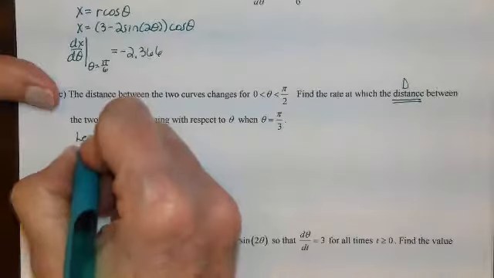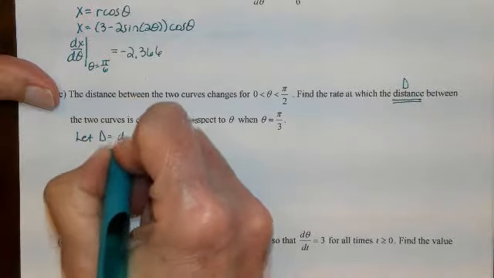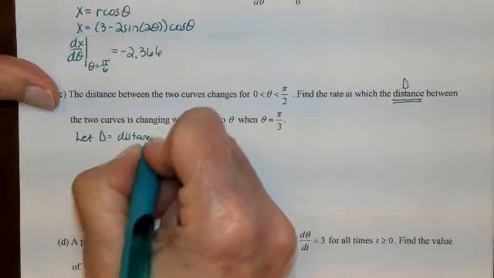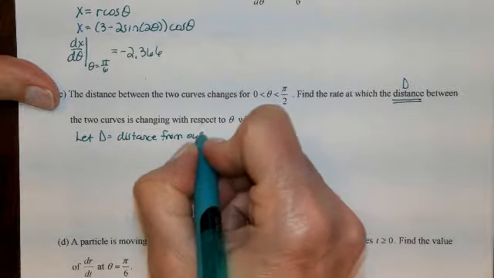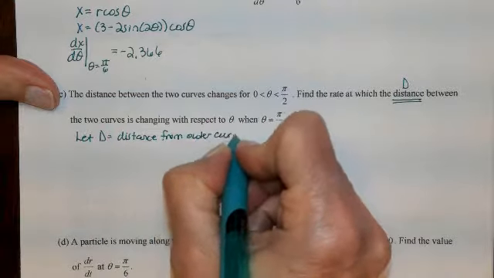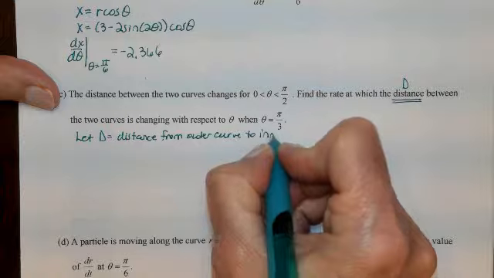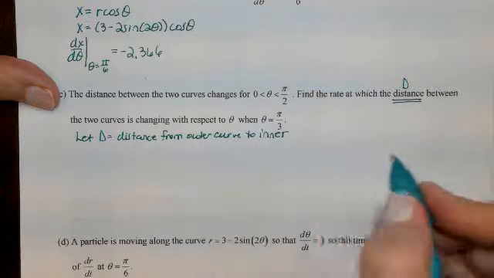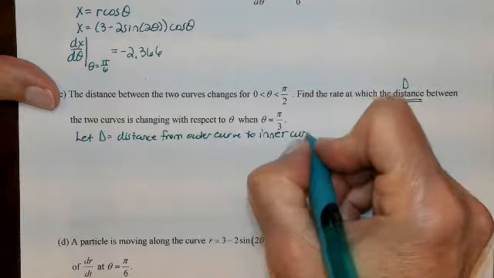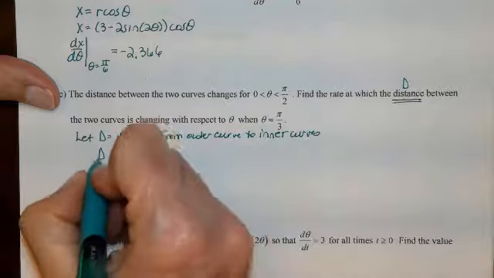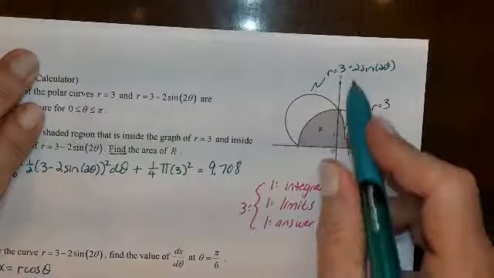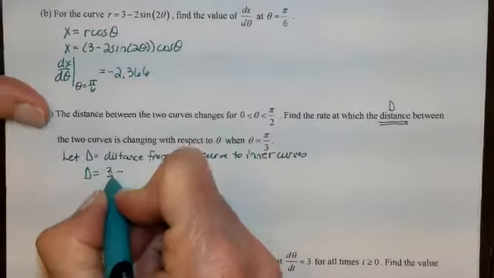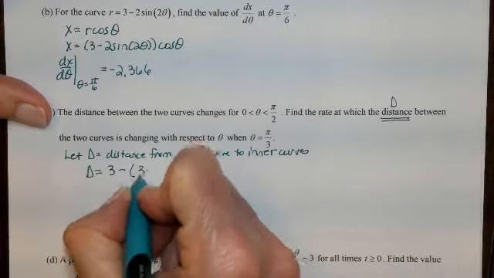I'm going to let D equal the distance from the outer curve to the inner curve, which is the distance between the two curves. So D will be the outside is the r is equal to 3, and the inside is the funky curve. So 3 minus that funky curve.